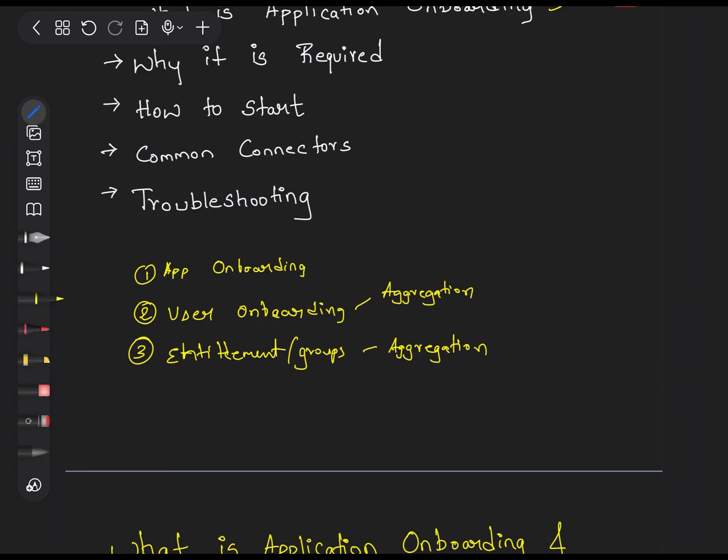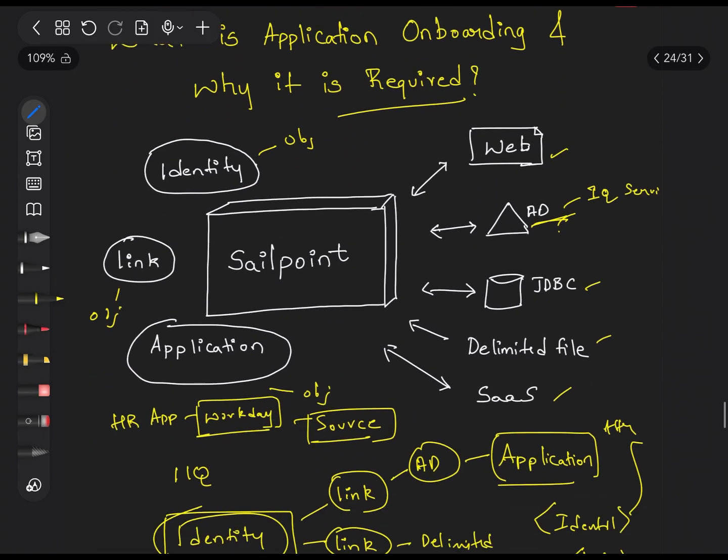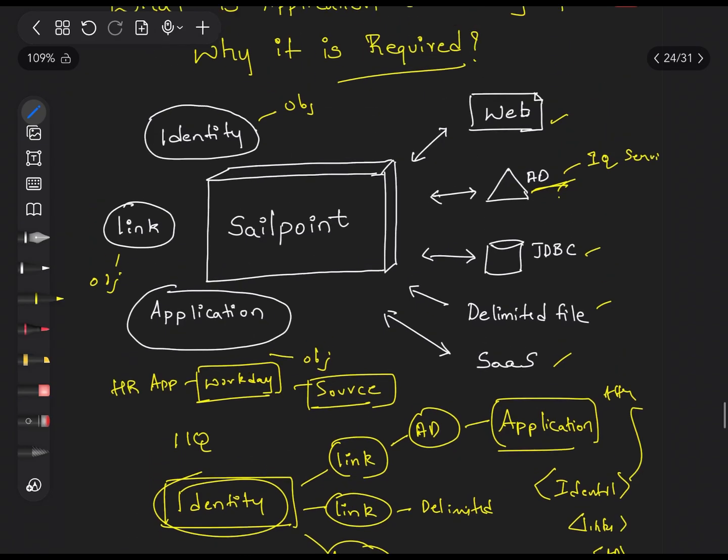Once we have users and their entitlements, you can go for provisioning or lifecycle events, or you can have certifications. This is why we need application onboarding and all.